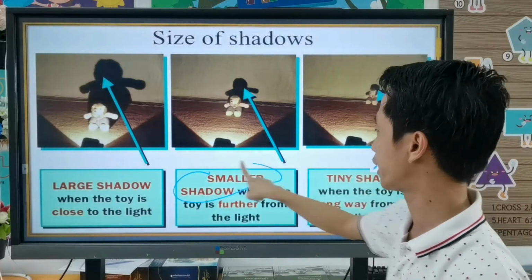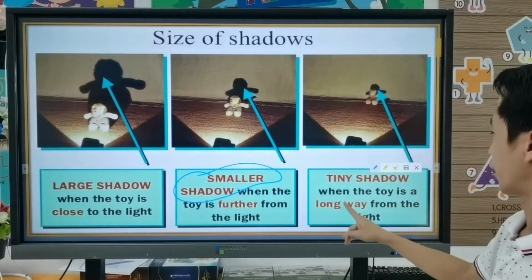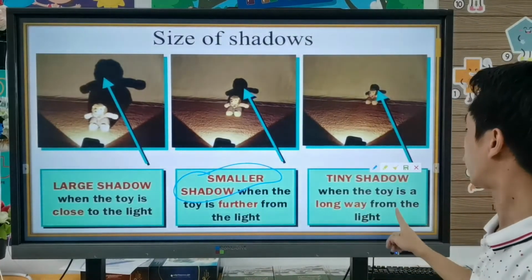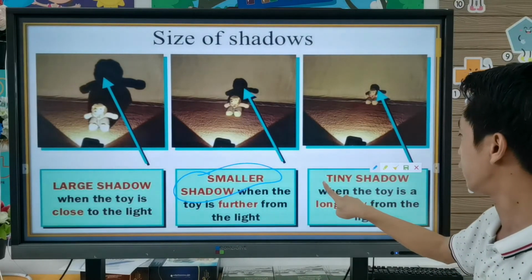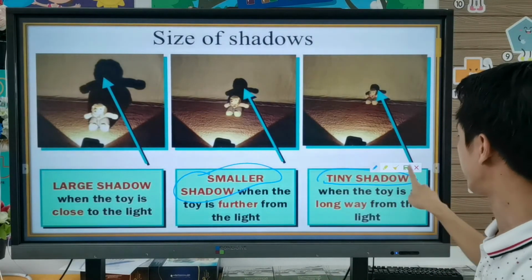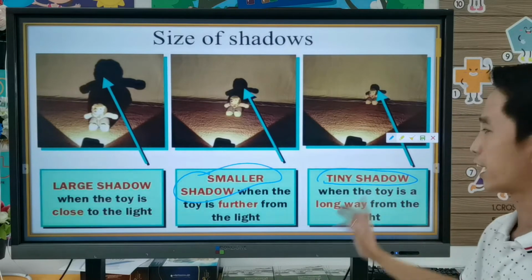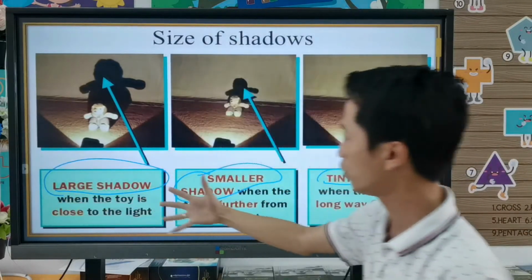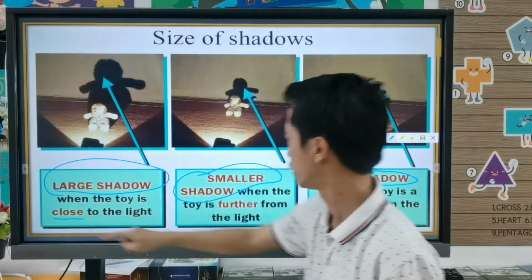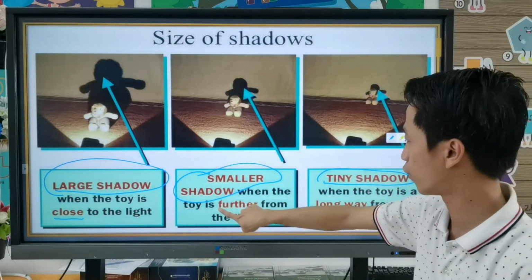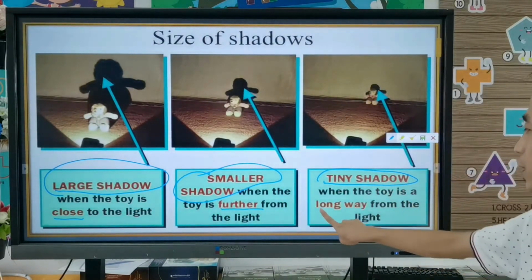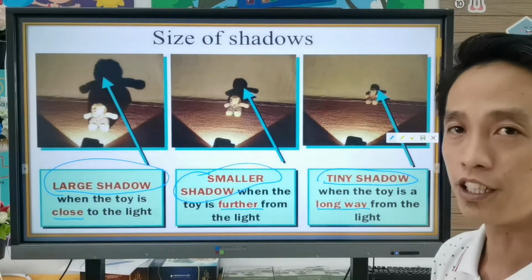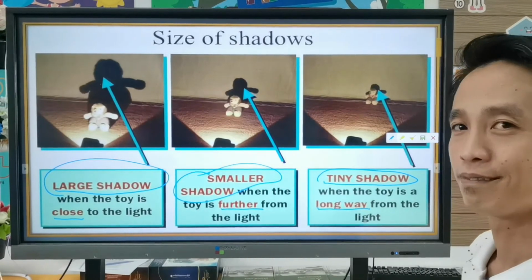When the toy is very far, a long way from the light source, the shadow becomes tiny. Again, a large shadow because it's close, a smaller shadow because it's farther, a tiny shadow because it's a long way.